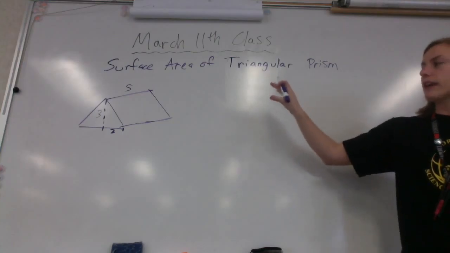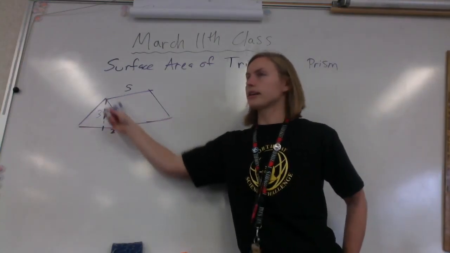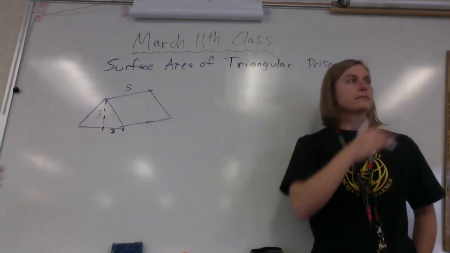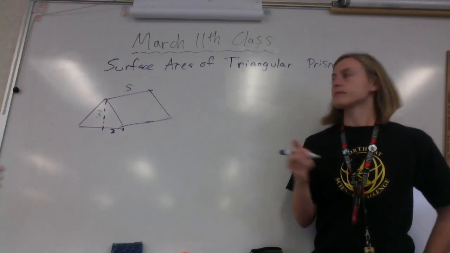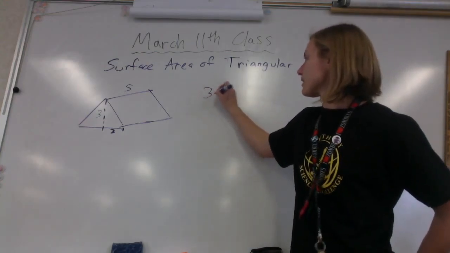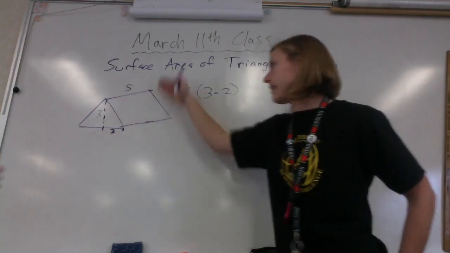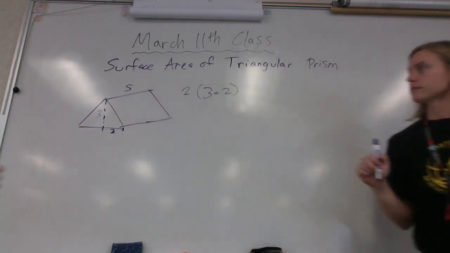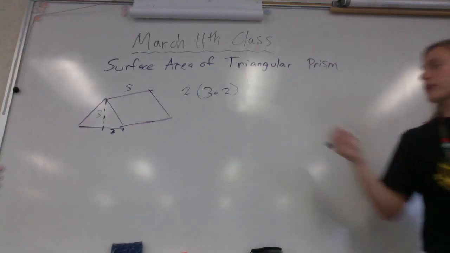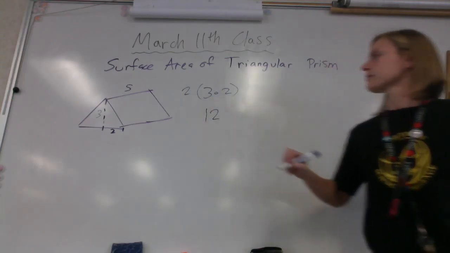So how do I find the area of this front right here? Dan? 3 times 2. So we're going to have 3 times 2 for that front, and then there's actually 2 of them because there's front and back. So that would be 12.